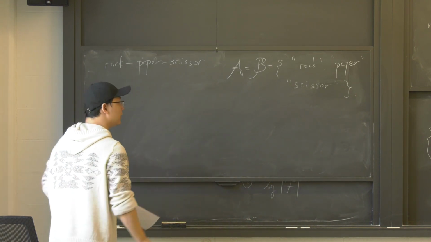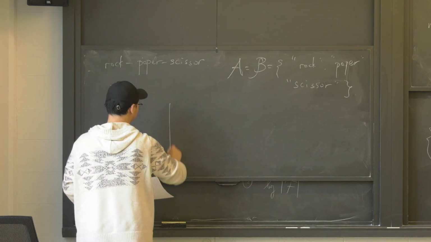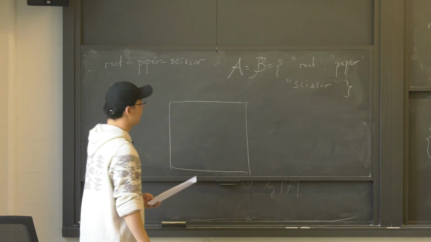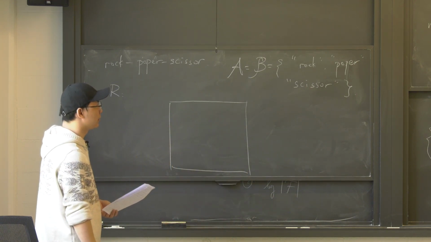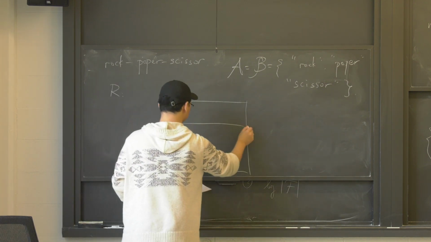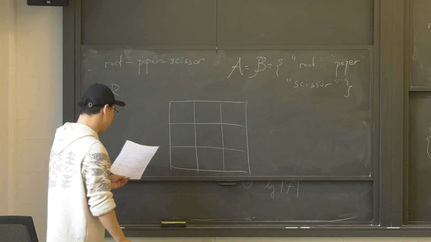Then the utility matrix can be written as follows. Because the action set has three actions, the utility matrix is a 3 by 3 matrix, where each row and column corresponds to one action.